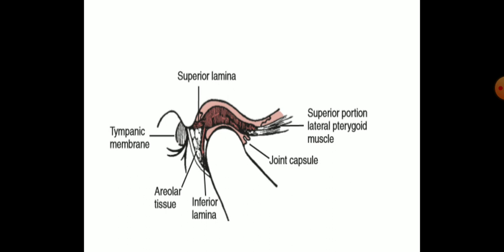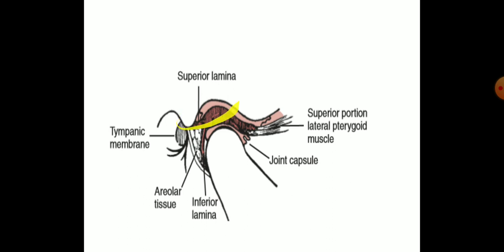The inferior lamina is not as elastic, and it restricts the movement. It is attached to the neck of the condyle and is inelastic. The inferior lamina simply serves as a tether on the disc, limiting forward flexion, and it does not assist in repositioning the disc during mouth closing.